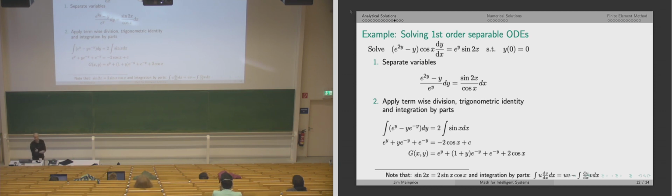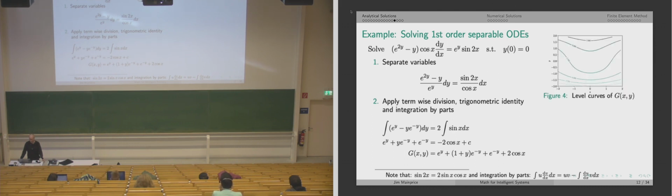You're done. Okay, so even if you have a case of a separable ODE, which is very rare, I would say, it can still be tricky because analytically deriving the solution might be difficult just because of the integral. But now that we have a model, we can analyze the level curves of g of x, y.